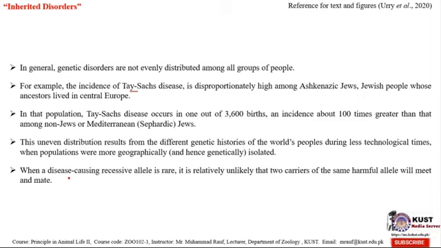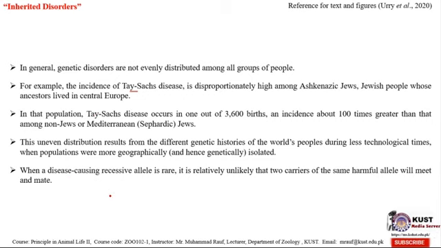So, when there are marriages between non-relatives, then the incidence of the combination of two carriers is quite rare. But when there are cousin marriages or consanguineous marriages, then sometimes the genetic disorders or the recessive alleles or the deleterious alleles are present in specific families, just like this case.